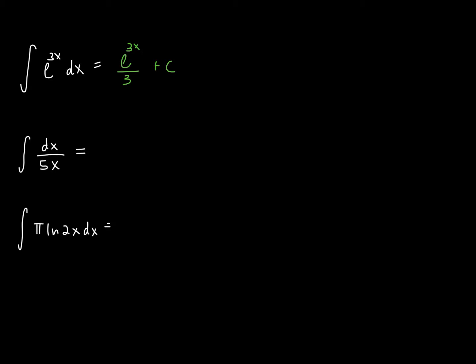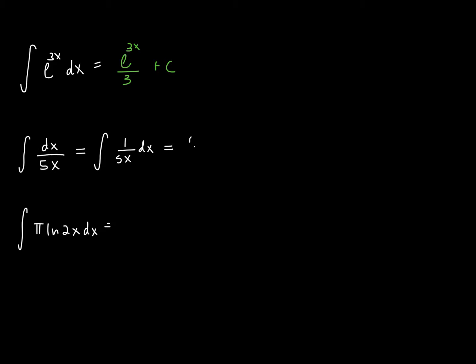All right, here, this looks a little weird, and this is a common way to write it. If I have 1 over something, dx, I can just write dx over that something. So the way to view this is that I have 1 over 5x dx, and I can simplify this further because I can factor out a constant. So I can factor out a 1/5, right? This is 1/5 times 1 over x dx.